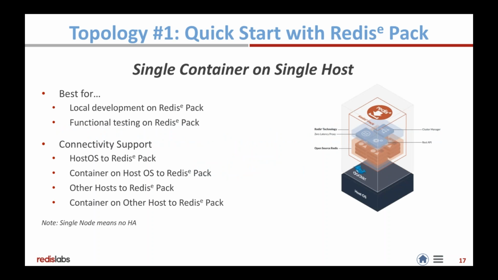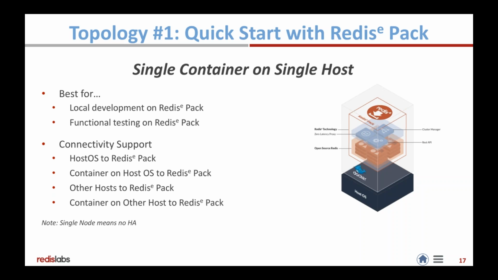Now, one of the common topologies that we see with Redis Enterprise deployed using Docker is where customers who want to do local development have a single host and a single container image so that they can get the full behavior of Redis Enterprise on a scale minimized deployment. A single host obviously means that you're not going to have a production grade deployment here.